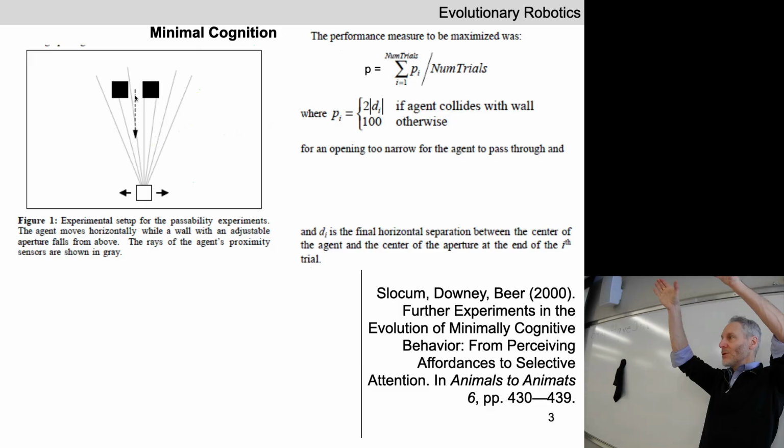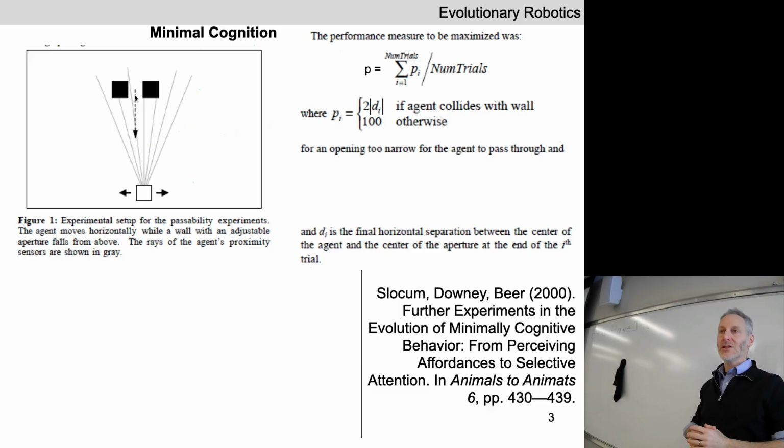The distance between the 2 objects is close enough that the agent cannot pass through them. Okay. For each random CTRNN, we're going to drop it into the agent a number of times. We're going to do a number of trials. So we're going to evaluate each CTRNN num trials times.